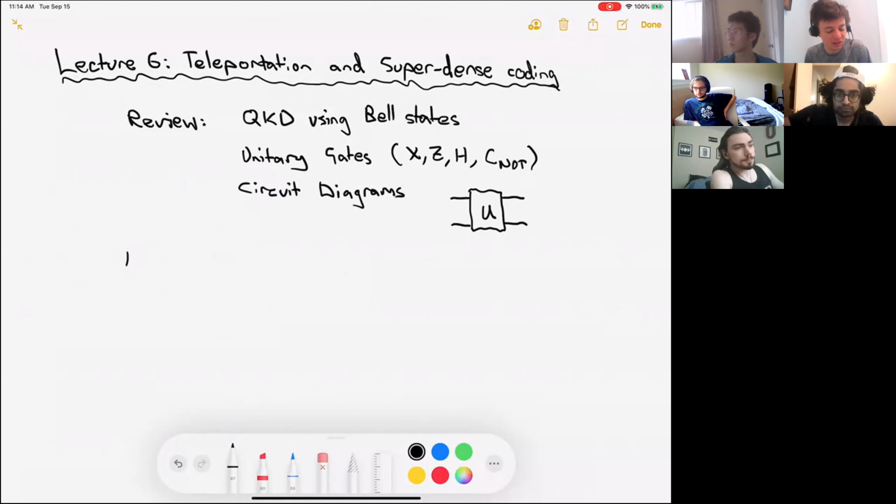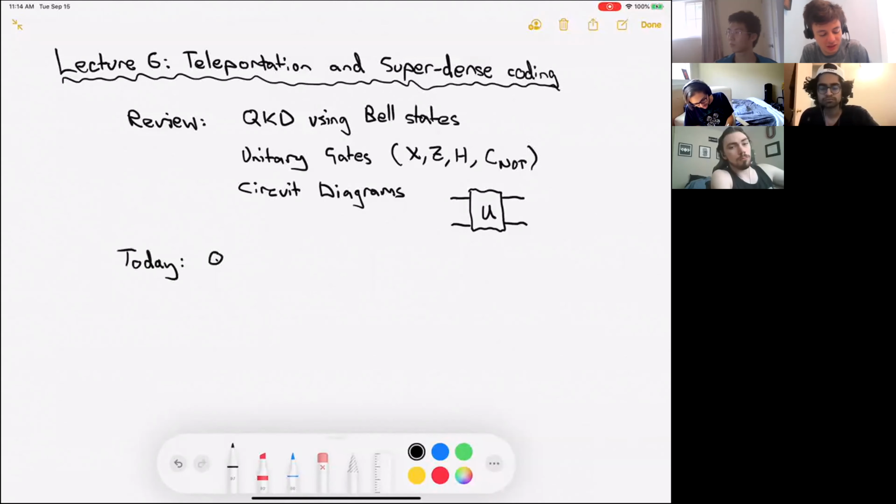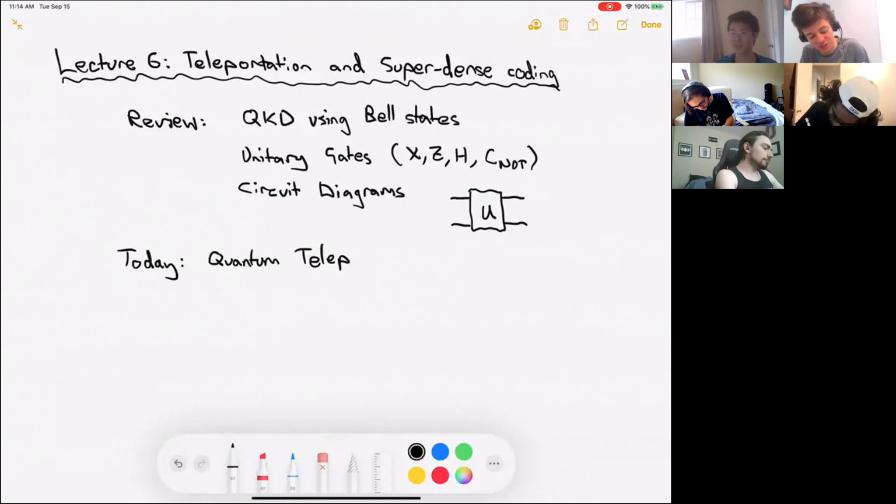So Thursday was a less exciting lecture because there was a lot of introducing stuff rather than using that stuff to do anything terribly interesting. Today, we're going to get some cool applications of quantum circuits. The first is possibly the most sci-fi sounding thing in quantum mechanics, which is quantum teleportation.